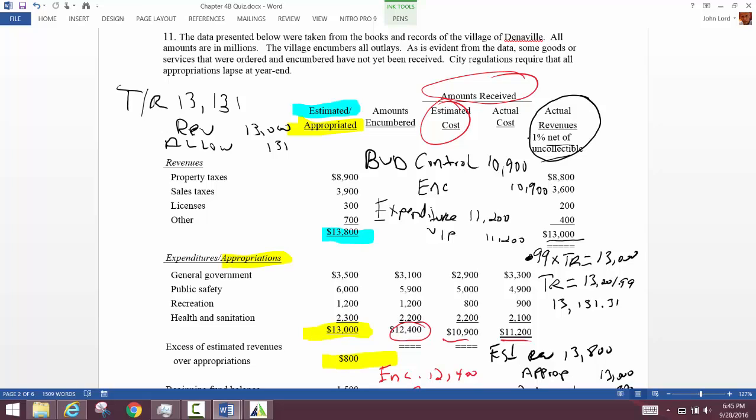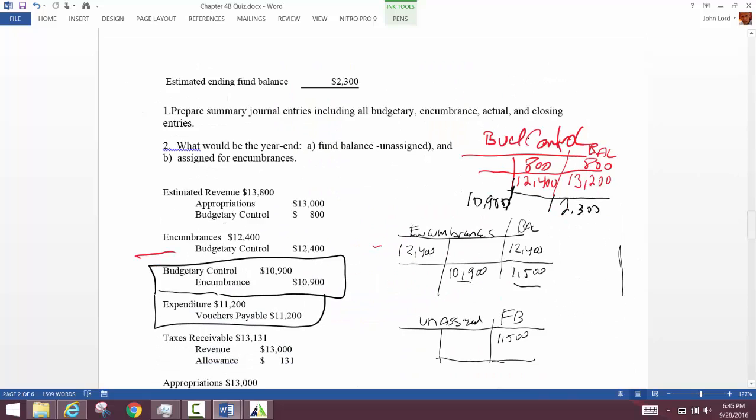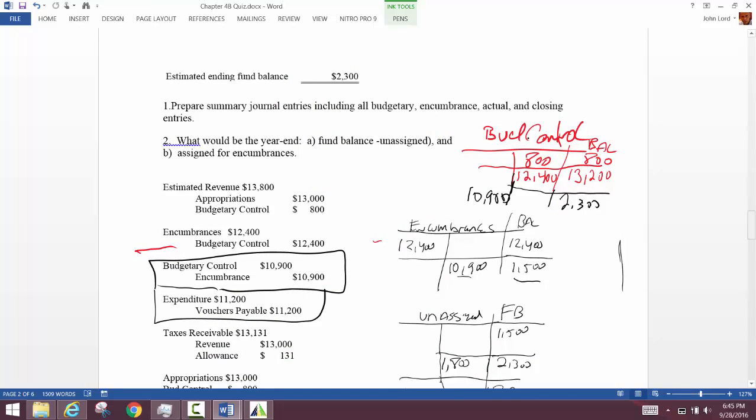Okay, and so we come down and you take a look at this answer, and did they make that journal entry down here? Yes, they did, right? There it is. Same entry we just made. Okay, good. So now, are we done?